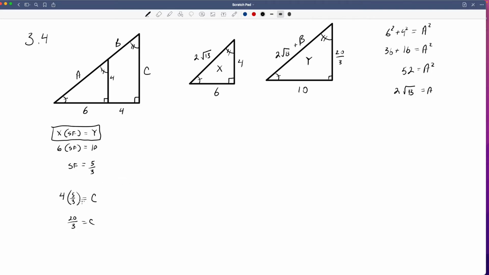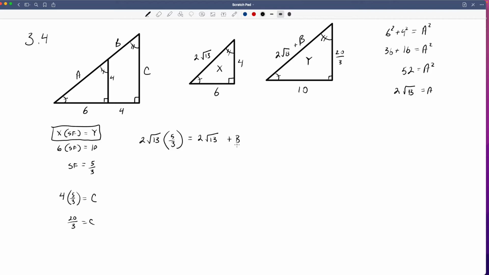So let me continue to use the scale factor for the hypotenuse. So this time the hypotenuse of x is going to be 2 times the square root of 13 times 5 over 3 is equal to 2 times the square root of 13 plus b. And this works because I have only one unknown, and that is my value b.